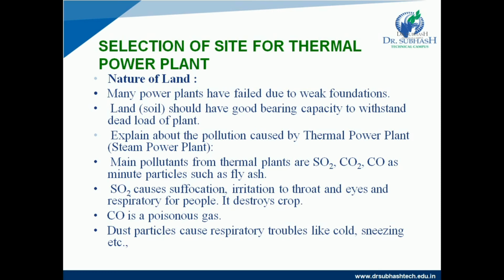Explain the pollution caused by the thermal power plant or steam power plant. The main pollutants from the thermal power plant are SO2, CO2, CO, and minute particles such as fly ash.